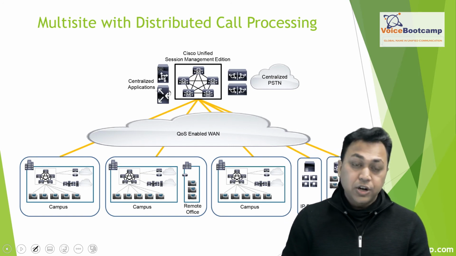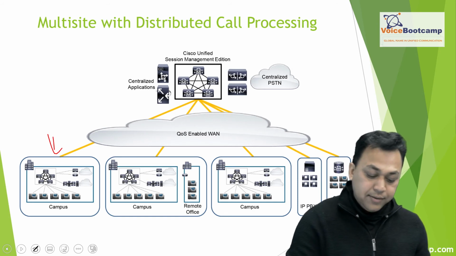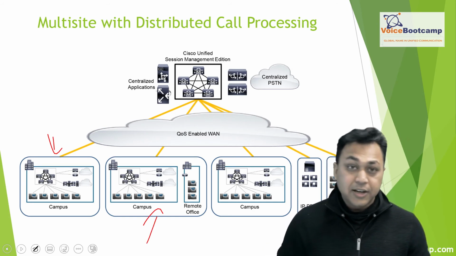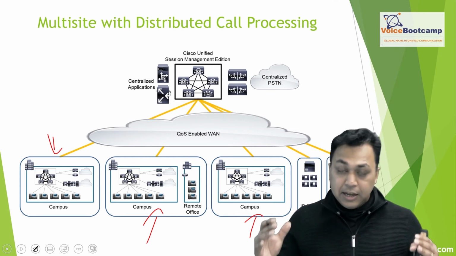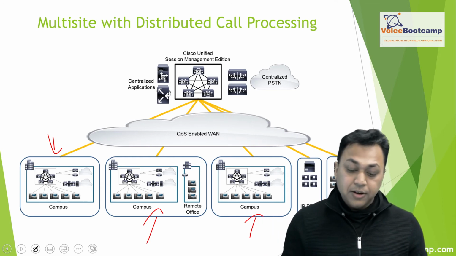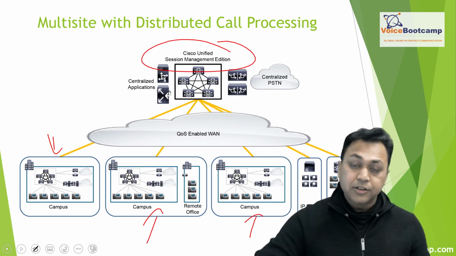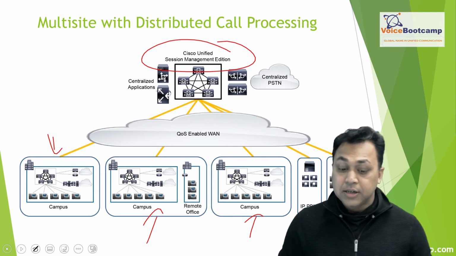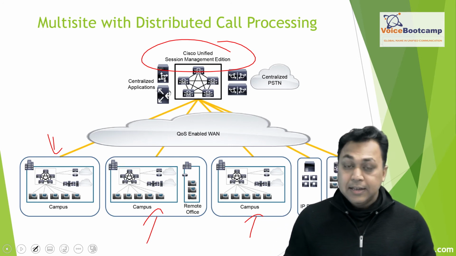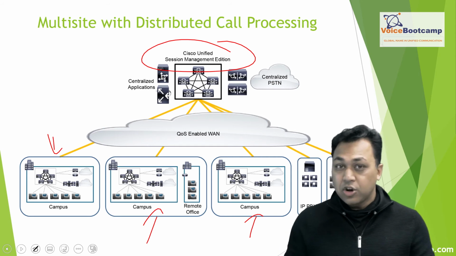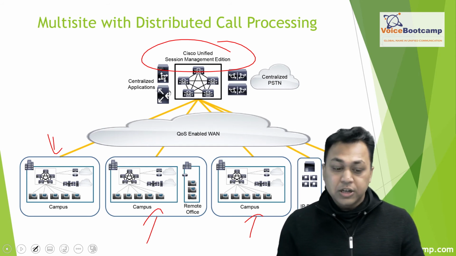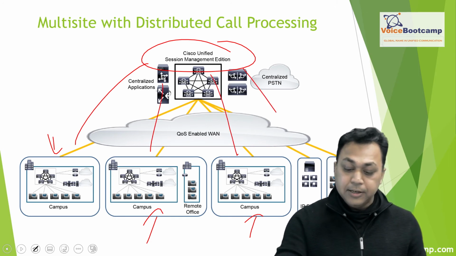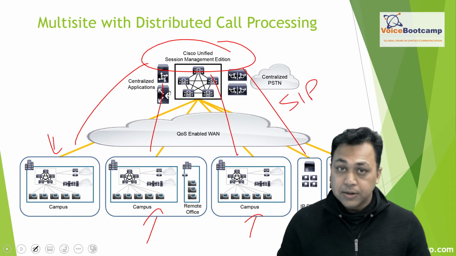If you have a scenario like that, each location could have either a campus design, a multi-site with a WAN, or multi-site distributed, but they can all communicate with each other by using a central call manager server known as Session Management Edition. Session Management Edition is just another call manager cluster, and its purpose is to communicate with all the other clusters independently by using either a SIP trunk or an ICT trunk.